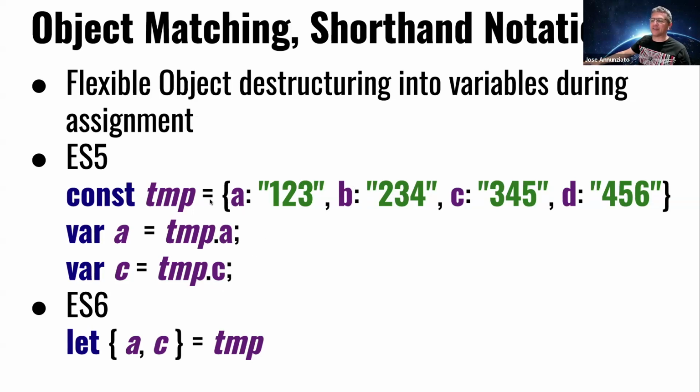Again, on the right-hand side, the curly bracket syntax is used to declare or construct a JSON object data structure. And then using the names of the properties, we can use the dot notation to extract each one of the items into a local variable.